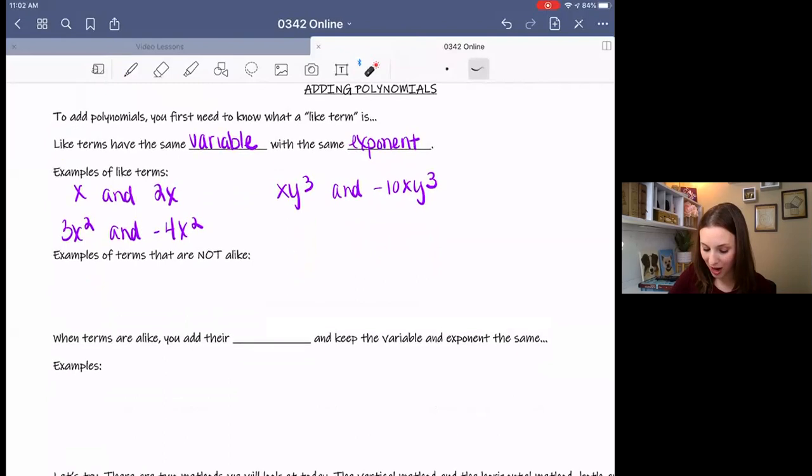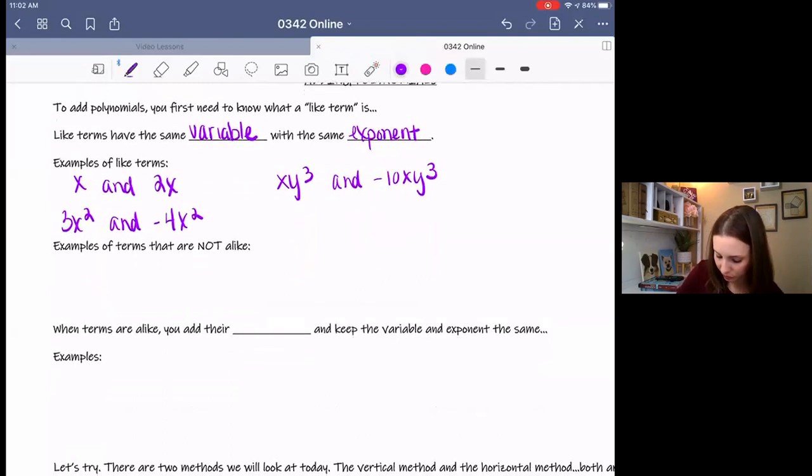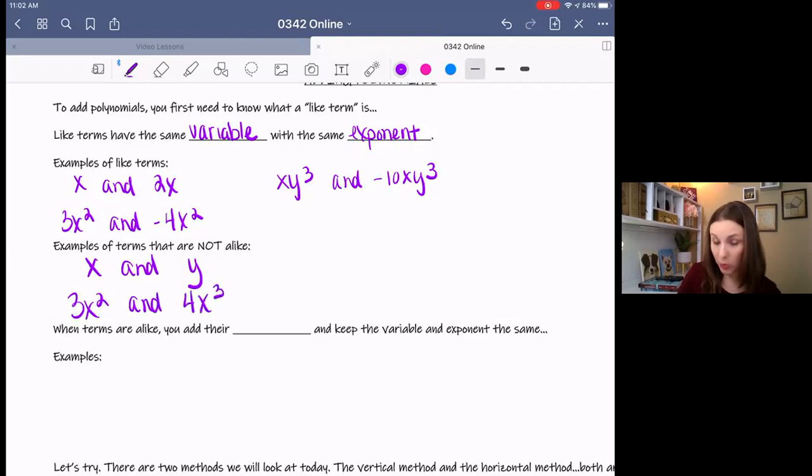When terms are not alike, they have, for example, different variables. Or they have, for example, different exponents. Or both.